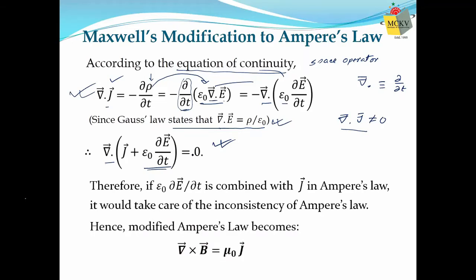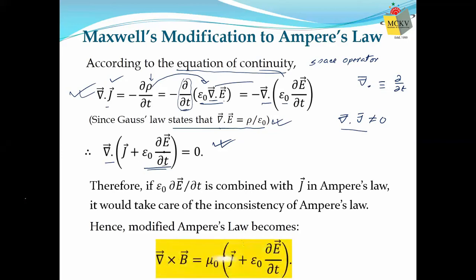This was the actual Ampere-Circuital law: curl B equals mu naught J. Now Maxwell modified it. Maxwell said, instead of J, it should be J plus this. Please note it down: instead of J, the right hand side should be written as J plus epsilon naught del E del T. Why?